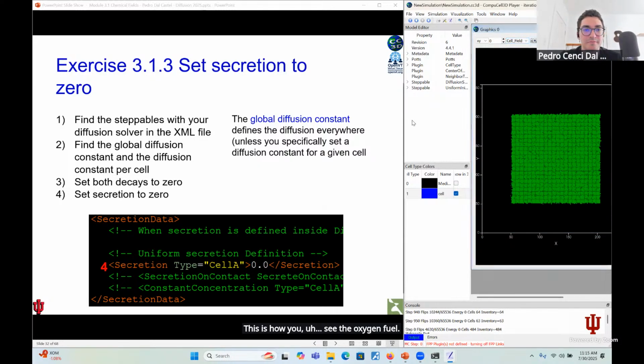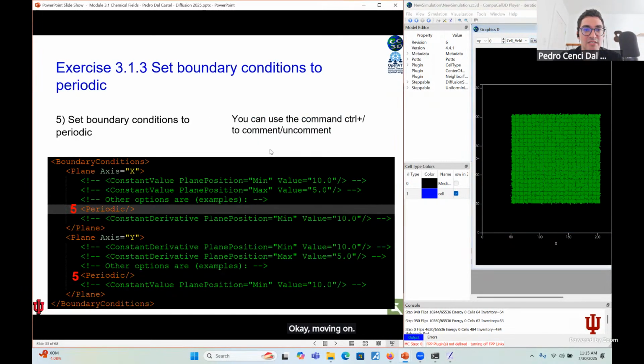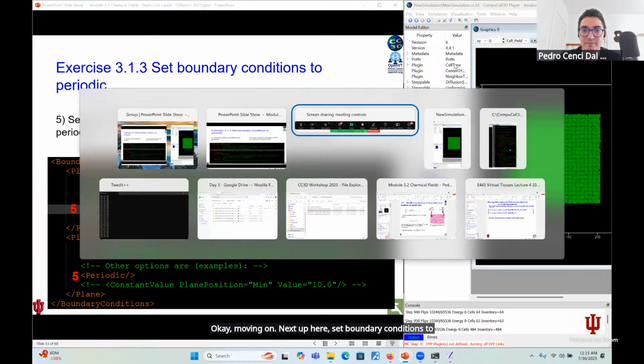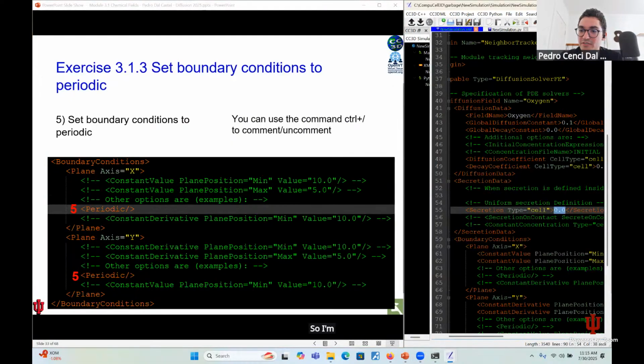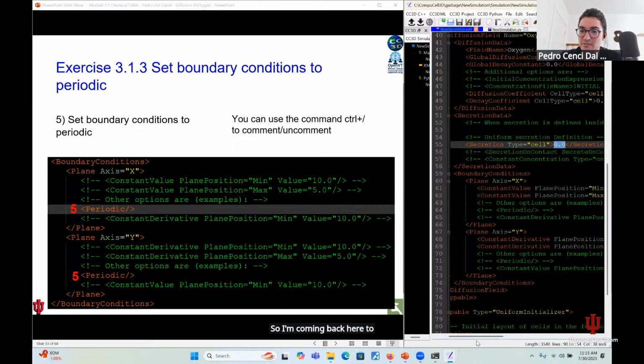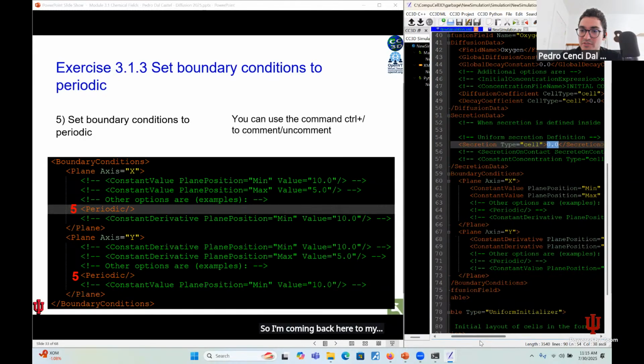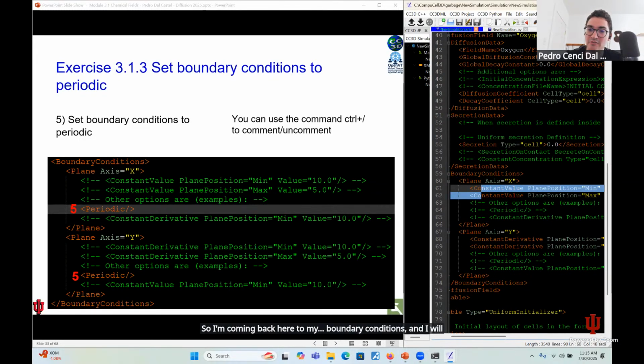Okay, moving on. Next step here, set boundary conditions to periodic. So I'm coming back here to my boundary conditions, and I will comment out.